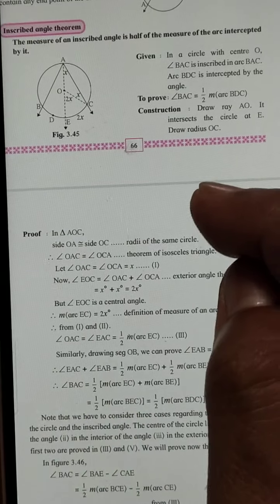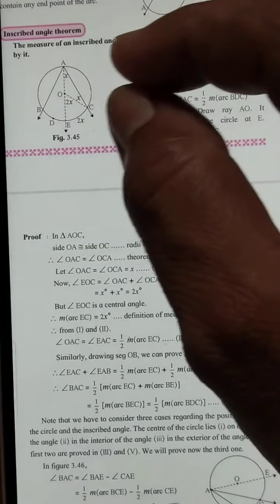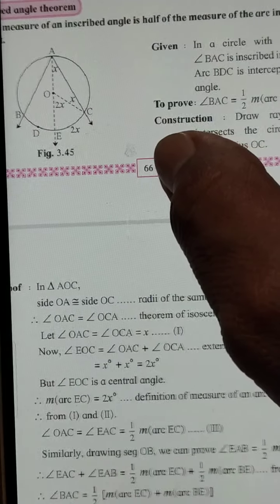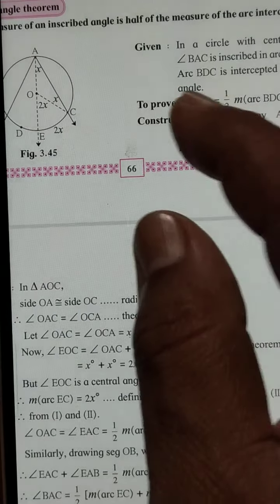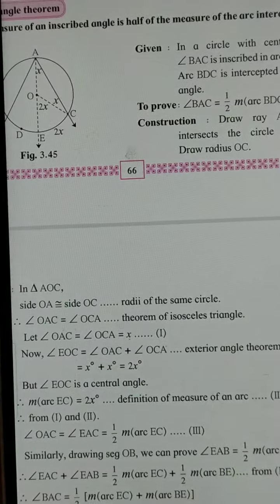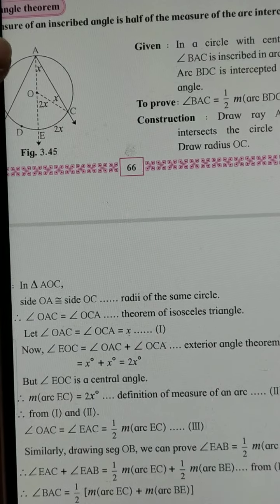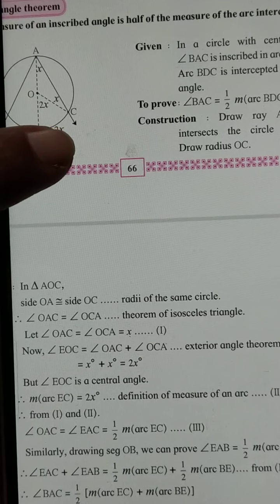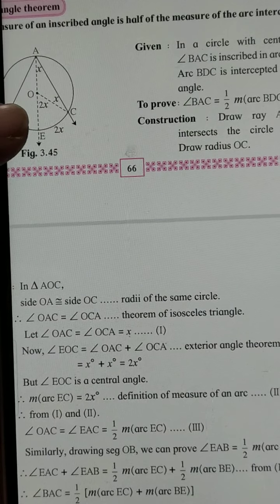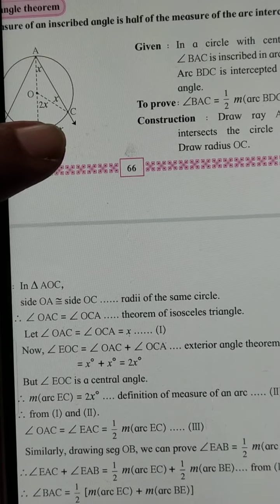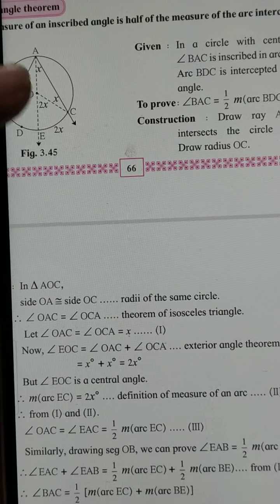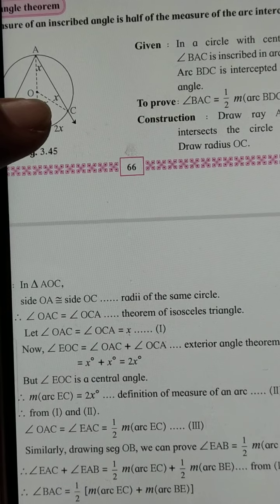Let us see in triangle AOC, side OA is congruent to side OC. Why? Because they are radii of the same circle.